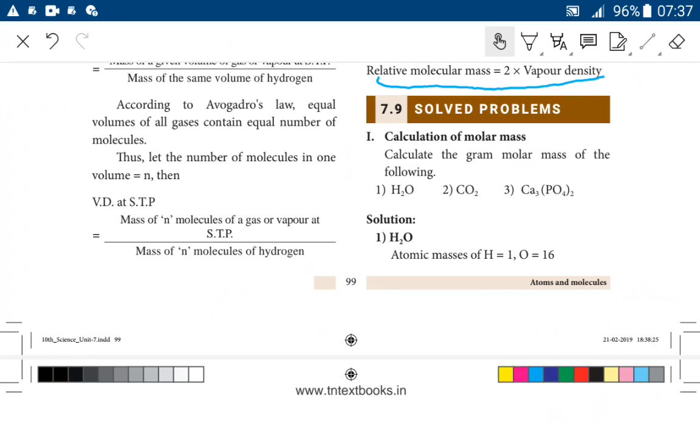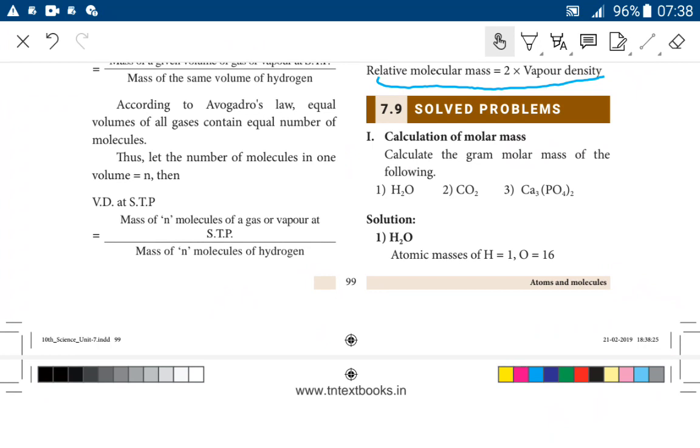From the table you have to know hydrogen atomic mass is 1, oxygen 16, nitrogen 14, sulfur 32, and all this you have to keep in mind. So we have to first find out the molar mass. Hydrogen atomic mass 1, oxygen 16.